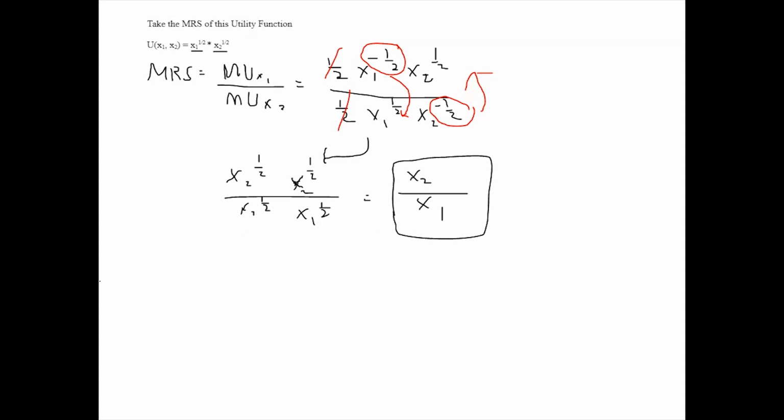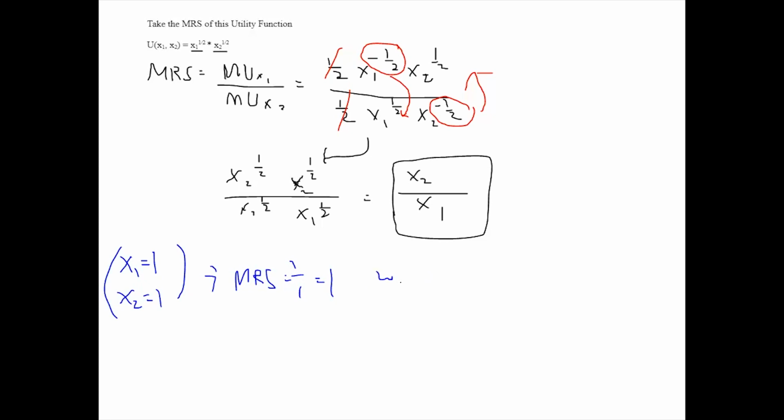To help with interpretation, let's look at two different points. The first, we'll say, is where x1 is equal to 1 and x2 is equal to 1. In this case, we would have a marginal rate of substitution of 1 over 1, or 1.